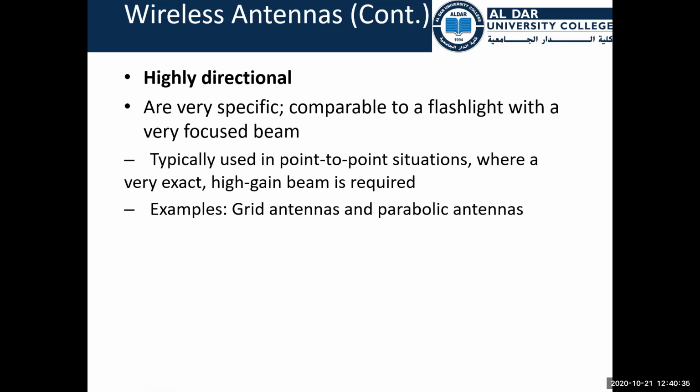Think of the television dish, the big dish that you install on the roof of your house to get the television signal. This is a highly directional antenna because the installer directs it toward the satellite.